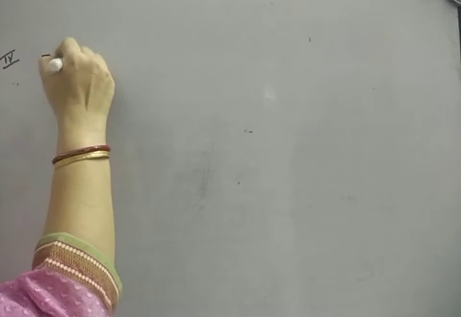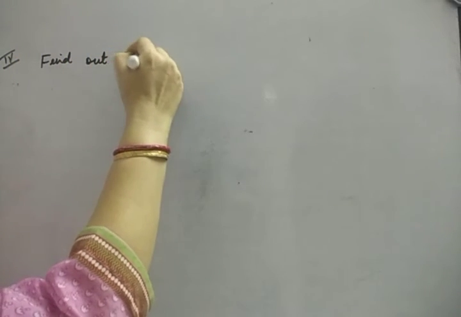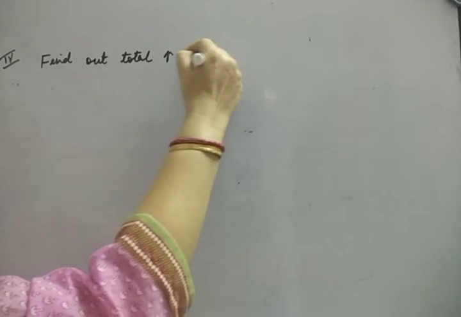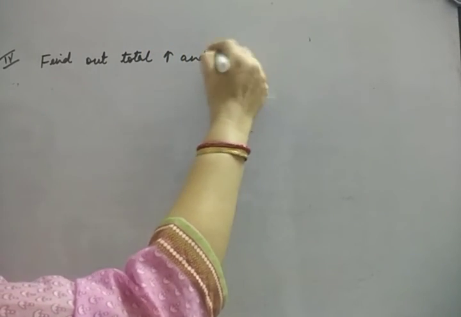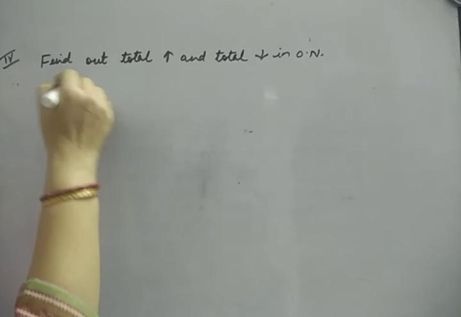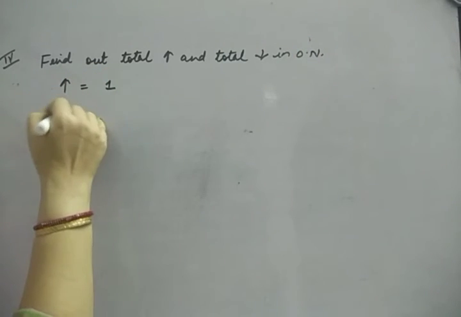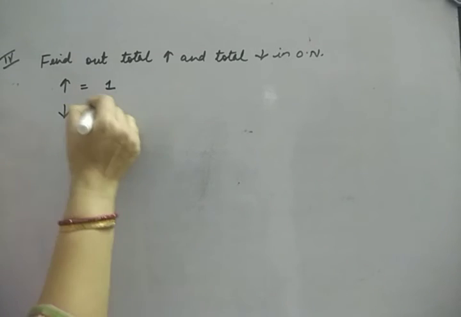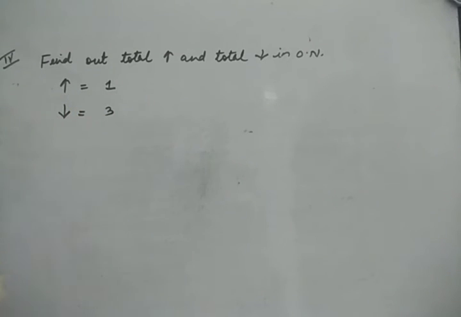The fourth step is to find out the total increase and total decrease in oxidation number. So increase is 1 and decrease, from 6 to 3, is 3. Now whatever increase and decrease is there, that is multiplied by the number of atoms.